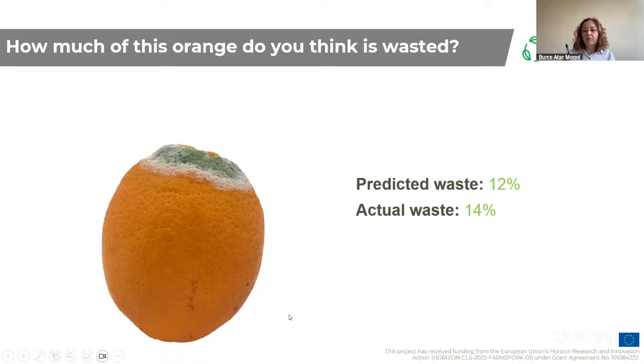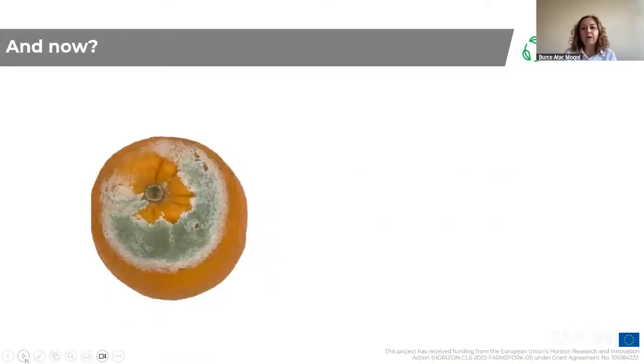The results were within the 25%, and what the camera sees is actually correct. It corresponds to a lower actual waste, and there's also a decrease in the I throw it away percent. So this is a good correlation between the predicted waste and the actual waste. And the human eye also says it's less than 25%.